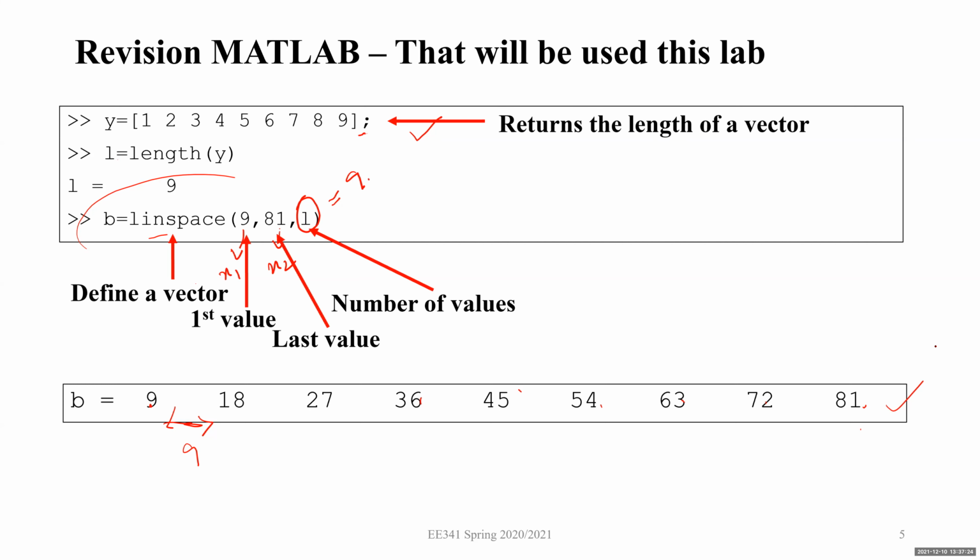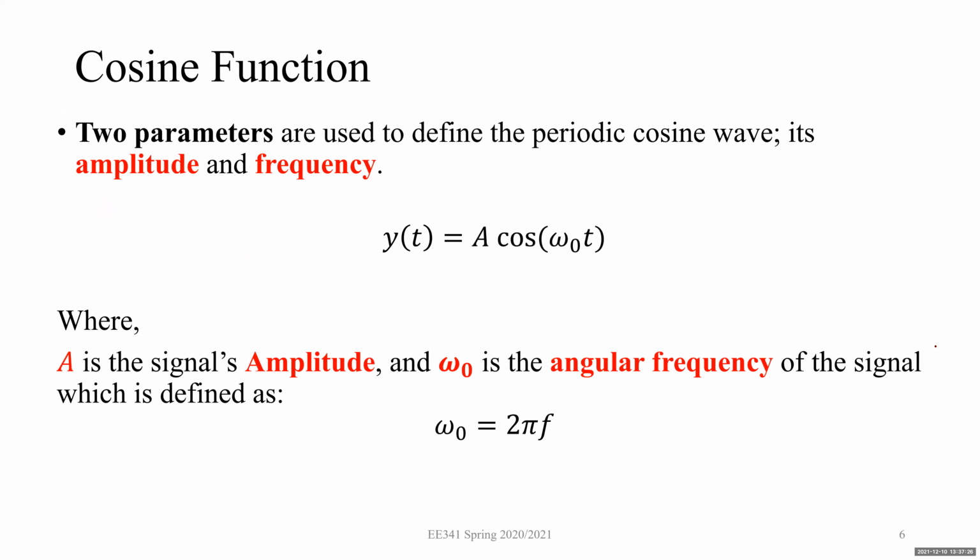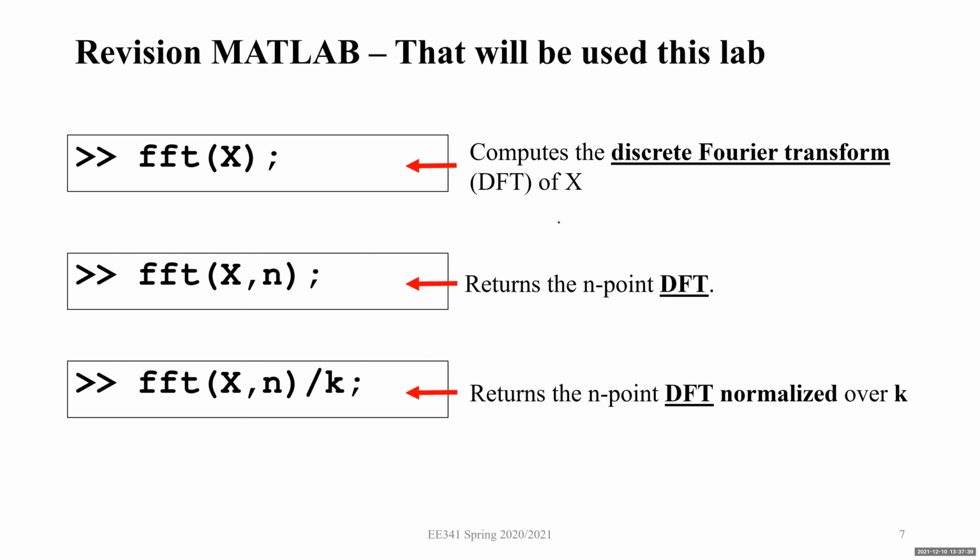This I already explained to you. This is the way to define any periodic signal. I need amplitude and frequency, two things to define any periodic signal. FFT I explained in the previous class also. FFT of x will give me the discrete Fourier transform. If I have a time domain signal and I want to transform it to the discrete frequency domain, I will do FFT of that signal.